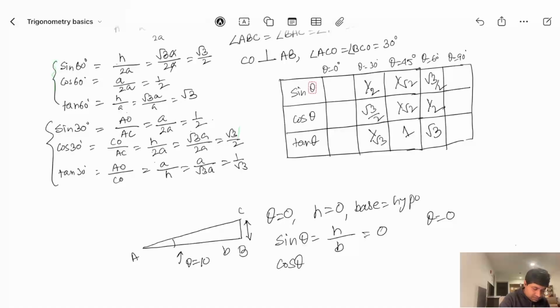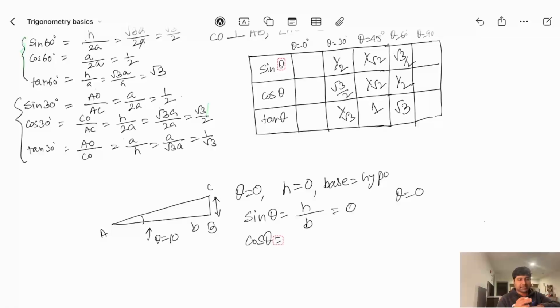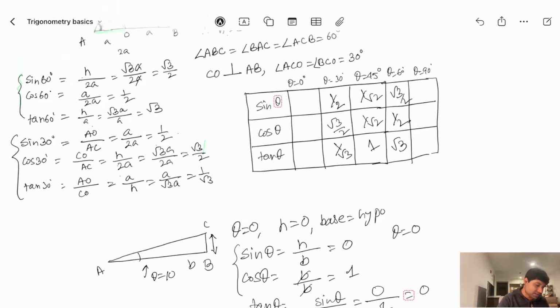Now what about cos theta? Cos theta is base divided by hypotenuse, and both base and hypotenuse have the same value, so cos 0 is 1. What about tan theta? Tan theta is sine theta by cos theta. So sine is 0 and cos is 1, which eventually comes to 0. So now we can put the data here. So sine 0 is 0, cos 0 is 1, and tan 0 is 0, correct?